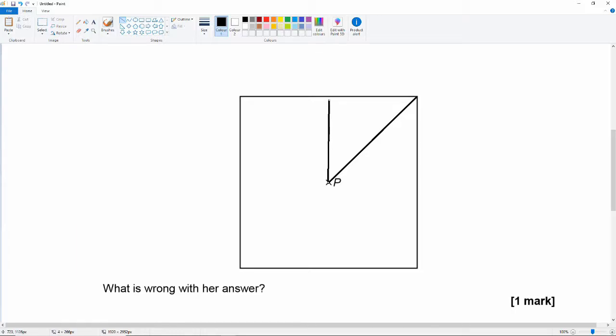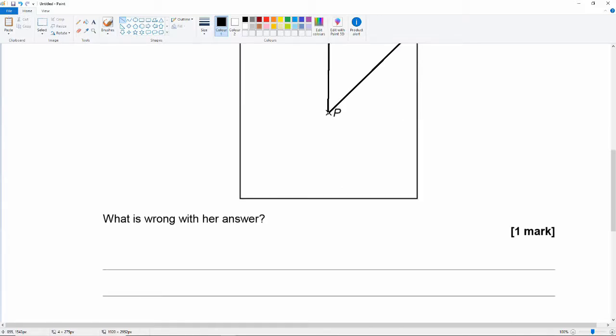So every point isn't exactly the same distance from the center. In fact, there's only one two-dimensional shape where every point on the outside edge is the same distance from the centre, and that is a circle.